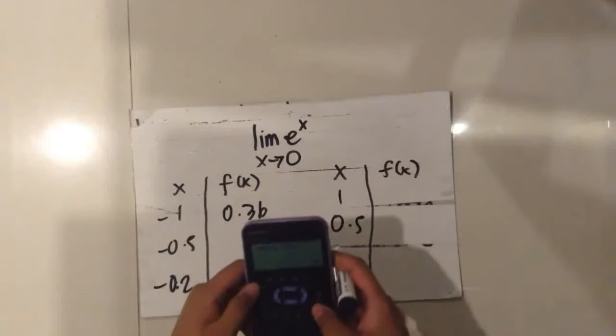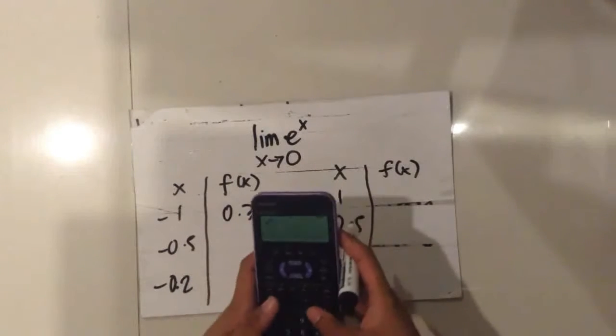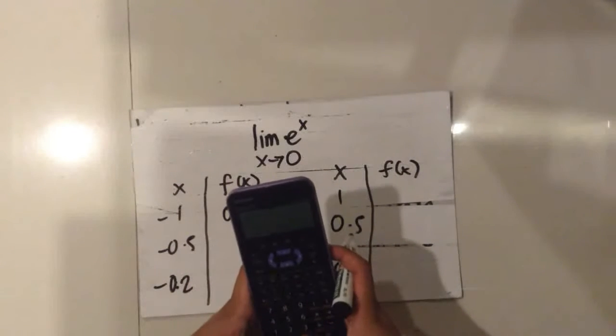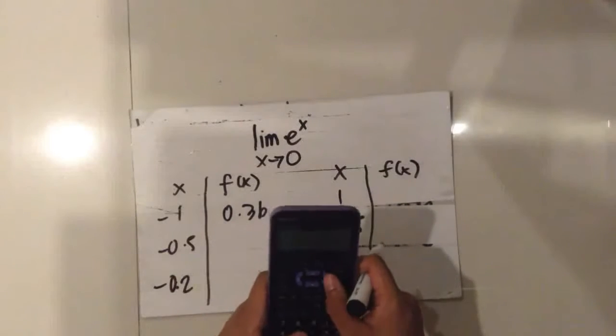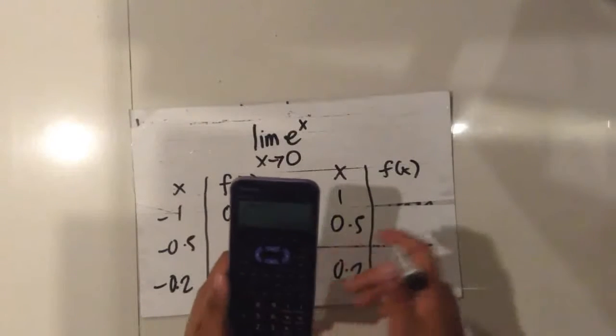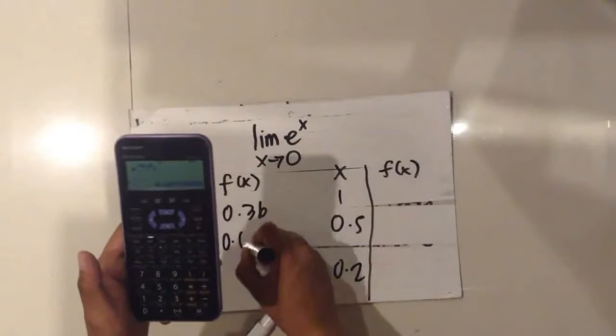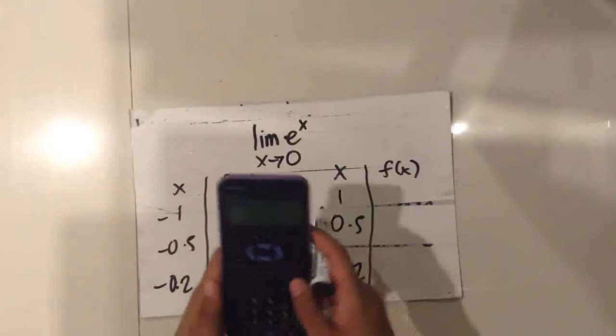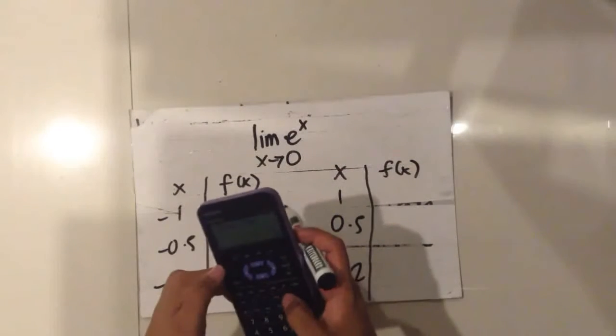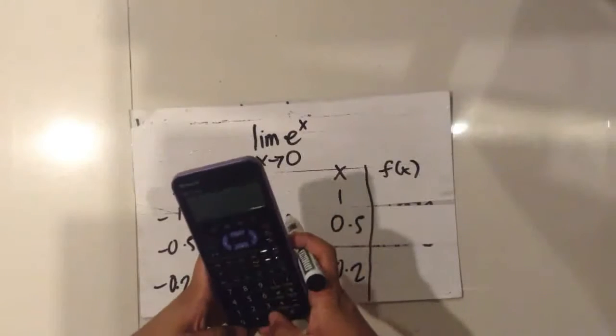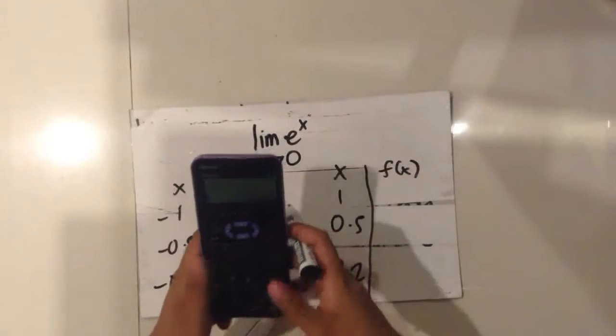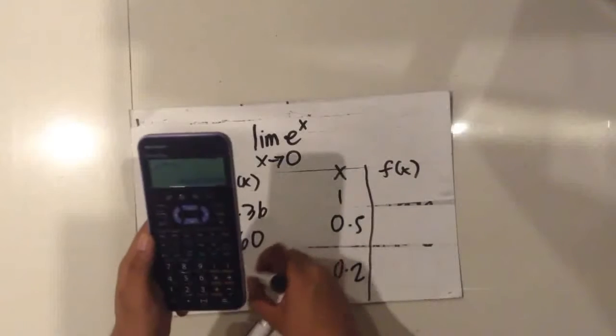And next one, we have e raised to negative 0.5, and the answer will be 0.60. And the next one is e raised to negative 0.2. The answer will be 0.81.